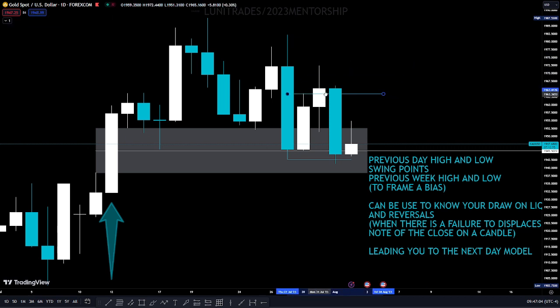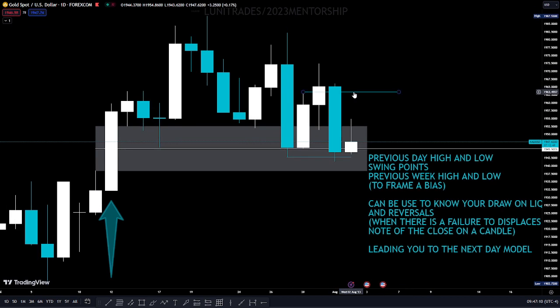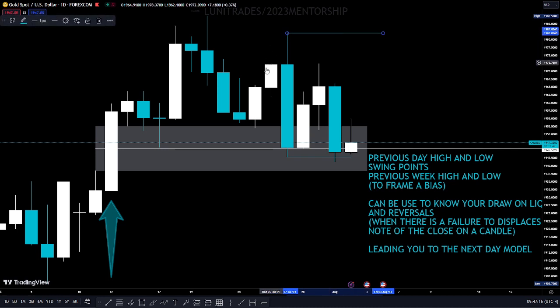As you can see, this high here is Friday. So this is Wednesday. This is the high, and this is Monday. We have Wednesday, Tuesday, Monday. And this is the low. So previous week high and low will be this is the high and this is the low of that week.